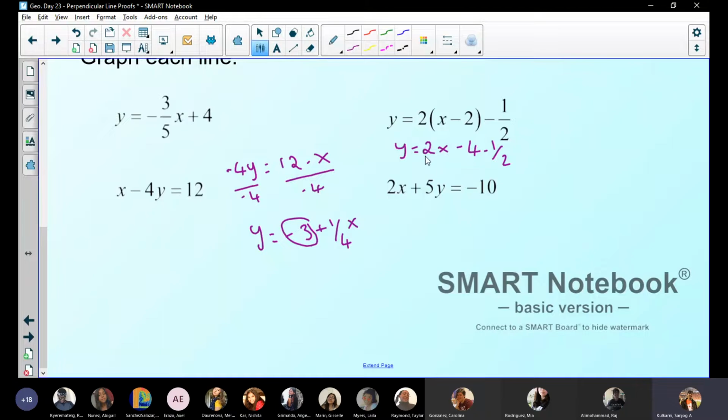Otherwise you can take the LCM all throughout, it's okay. So if I take the LCM all throughout, I'll have y equals 4x minus 4 times 2 is 8, minus 1, divided by 2.